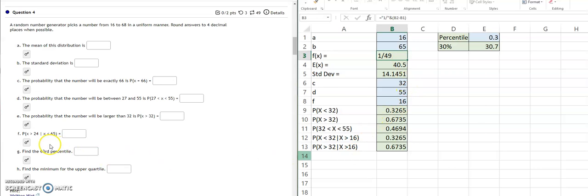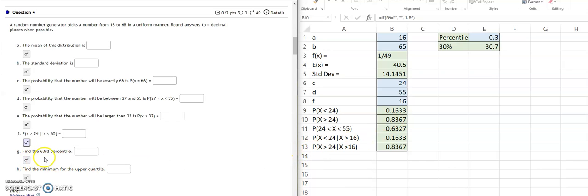And now we can calculate the probability of it being greater than 24. So now we're going to change this to 24. And now we can click on the probability that X is greater than 24, since we've already told it that the highest it can be is less than 65. So we have 0.8367 as our answer, and that matches here.